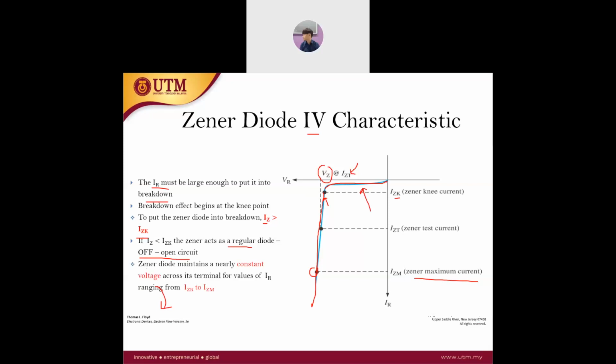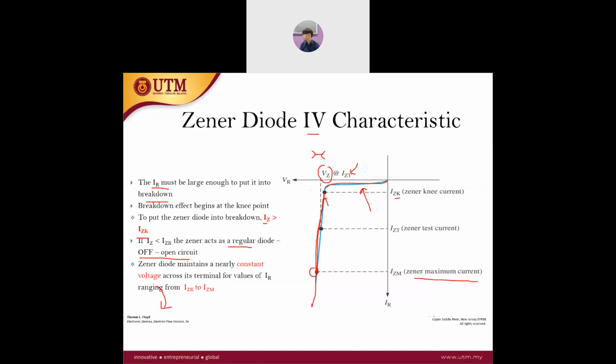Okay, the Zener diode maintains a nearly constant voltage across its terminals for values of IR ranging from IZK to IZM. So from here until IZM, it maintains a nearly constant voltage, which is easy to see in terms of your x-axis.